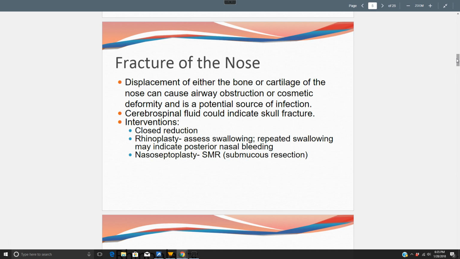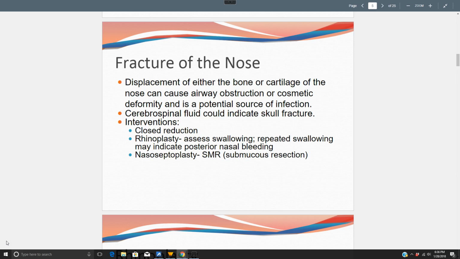And obviously, with a fracture of the nose, the displacement of either the bone or cartilage of the nose can actually cause airway obstruction, or even later on a cosmetic deformity, and can be a potential source of infection. Fractures of the nose are probably one of the most common facial fractures that we see, probably one of the most common fractures in the body.